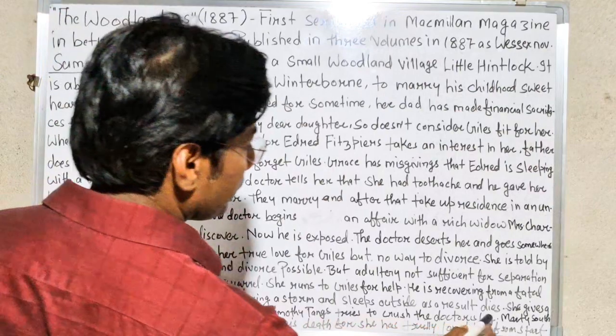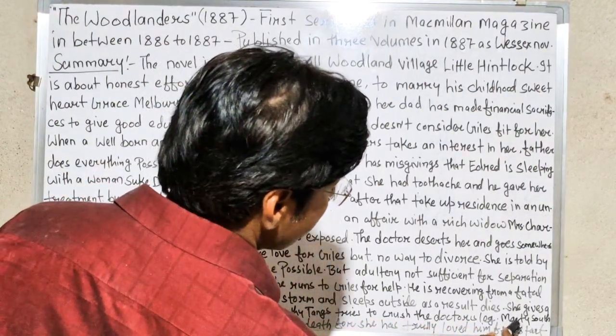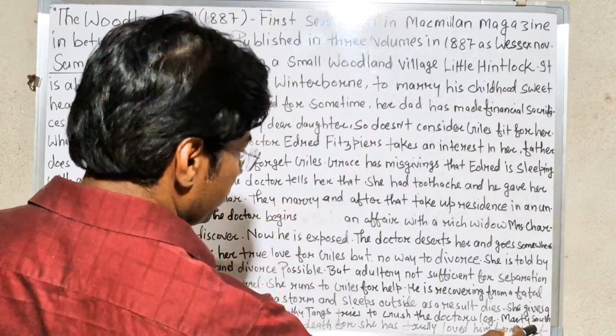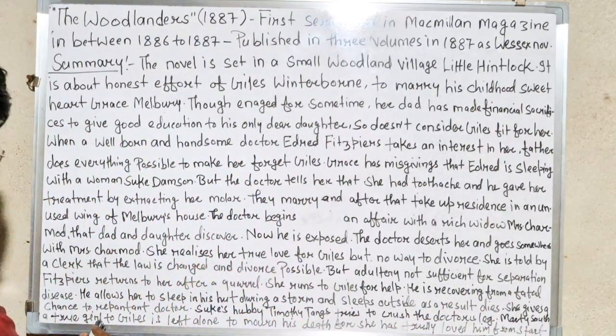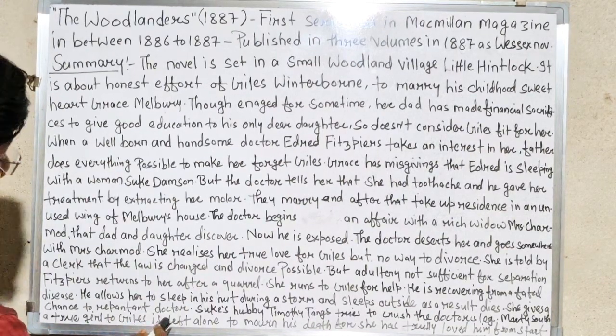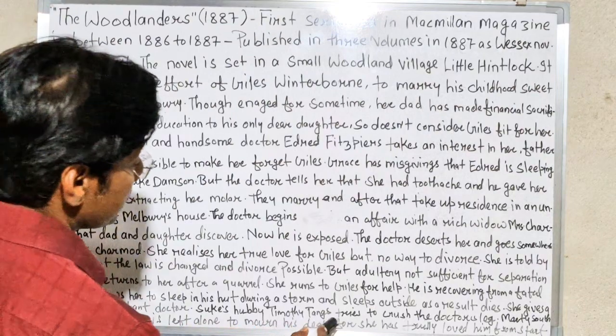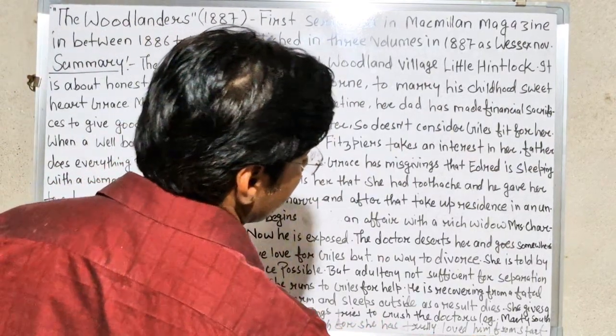See, Marty South, another young woman, a true girl to Giles, is left alone to mourn his death, for she has truly loved him from the start.